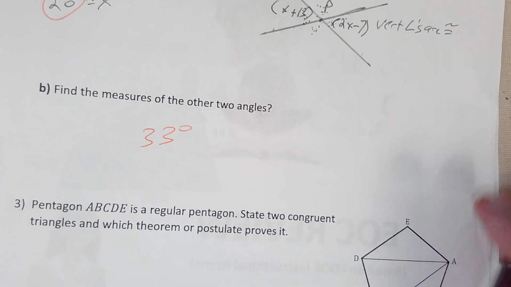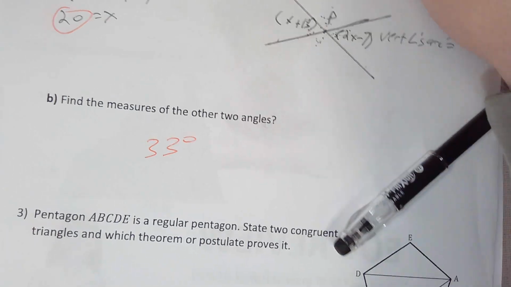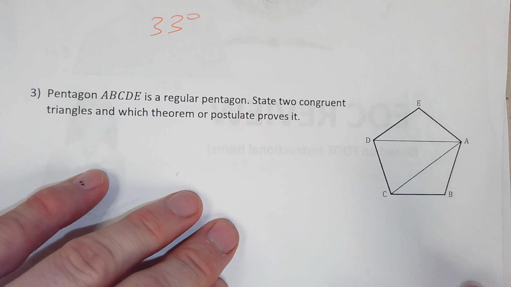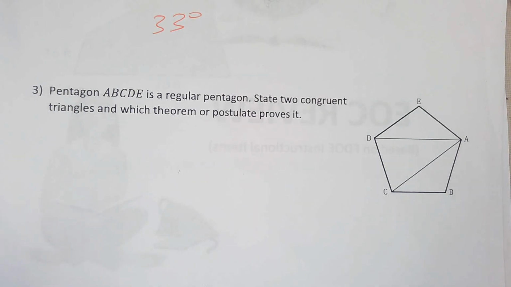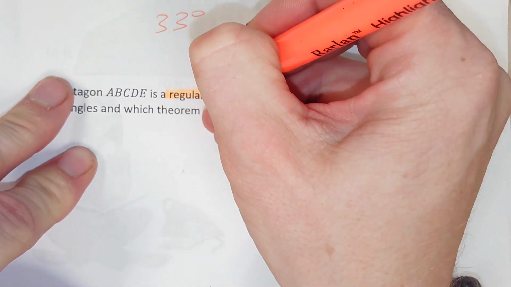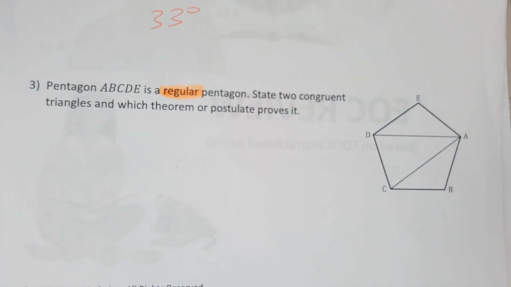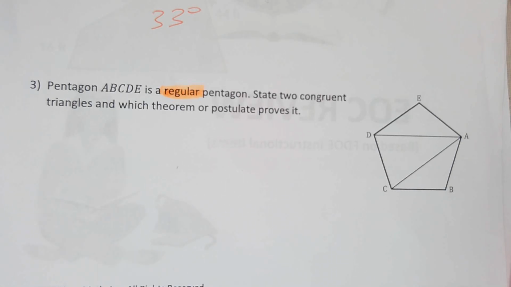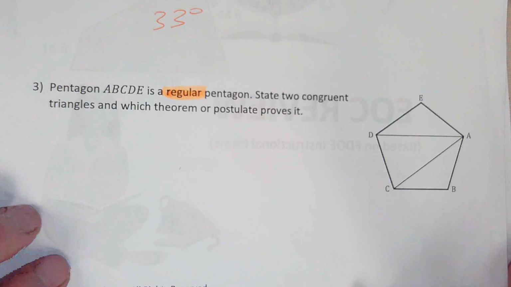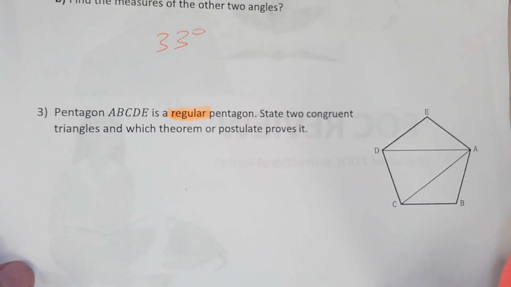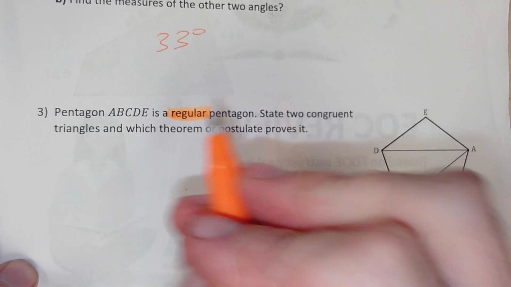Okay. Now the next one we have is this pentagon. Not only is it a pentagon, it is a regular pentagon. And that is important. Whether it's a regular pentagon, or a regular decagon, or a regular hexagon, or a regular whatever-agon, it means two things.